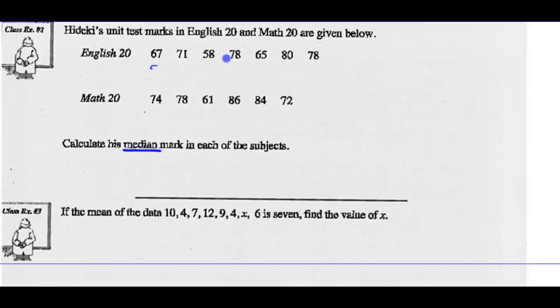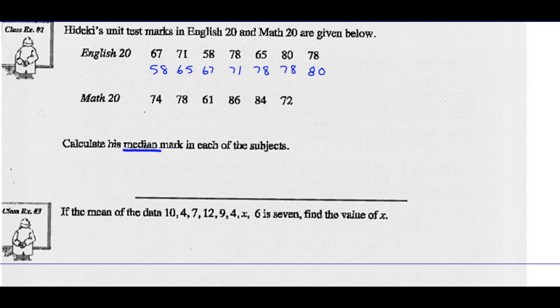So the smallest number here is 58. And then we have another 58, then we have a 65. Next smallest is 67. Then a 71. A 78. Another 78. And an 80.